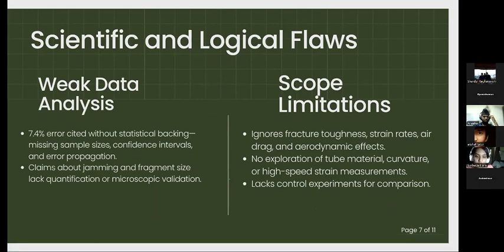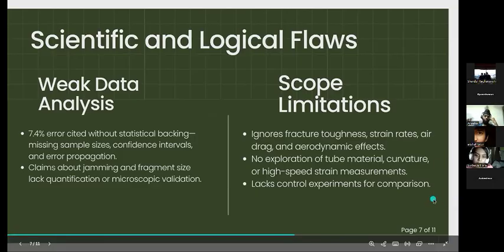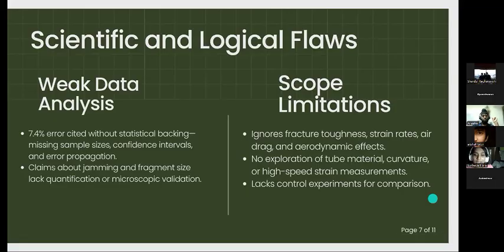It claims things about jamming and fragment size but lacks quantification or microscopic validation. Lastly, the research ignores fracture toughness, strain rates, air drag, and aerodynamic effects. There is no exploration of tube material, curvature, or high speed strain measurements. So we can say that it lacks control experiments for comparison as well.